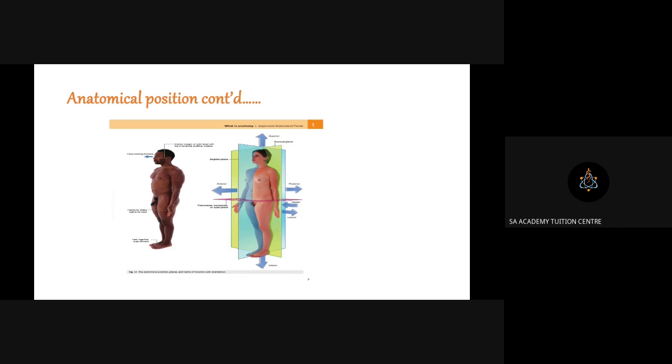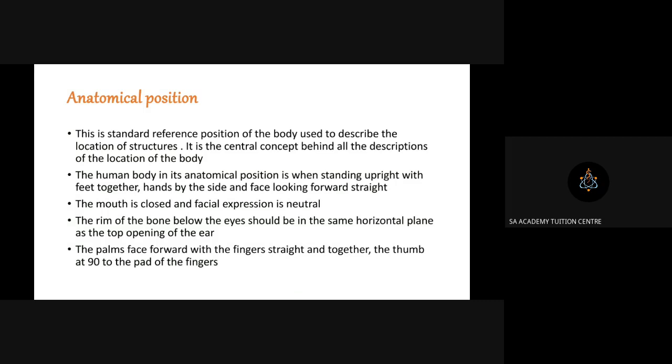This image is in Gray's Anatomy for Students, the book. The words are not that visible, but you can go and check it out in the book. This is how you position your hands, the thumb, the fingers, in anatomical position.